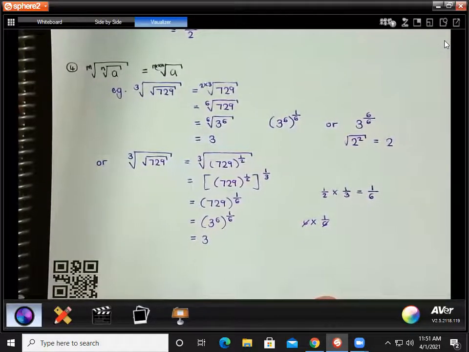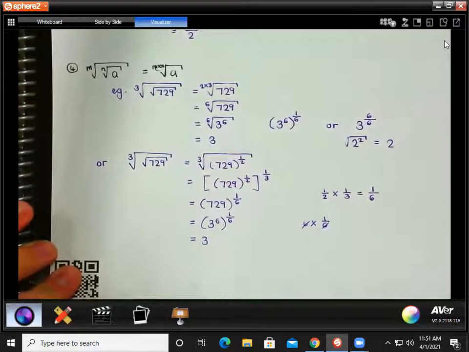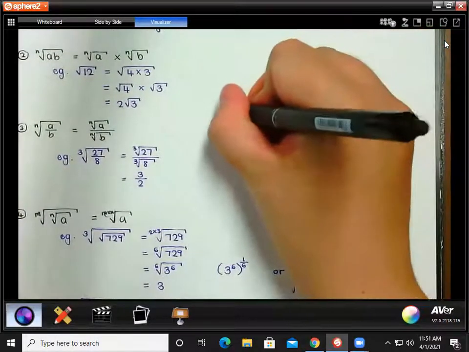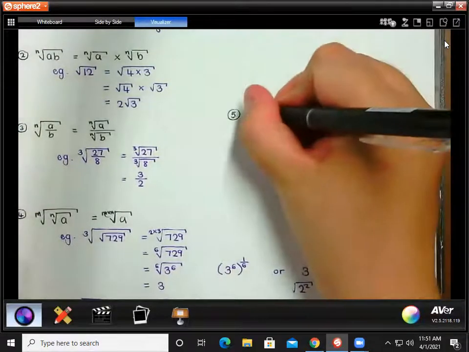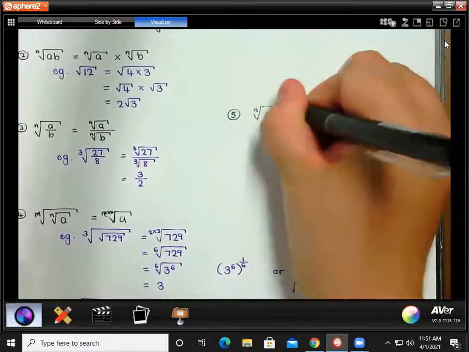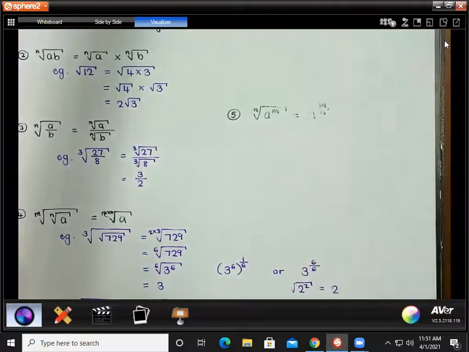All right, that was the fourth law. There is just one more, which we have done already, but I just want to write it down again. And that is, let's do it on the side here. That is just a reminder of going from surd form to exponential form, because it can be useful.